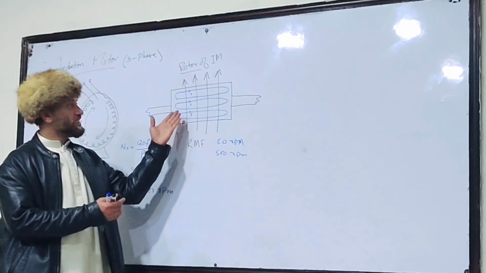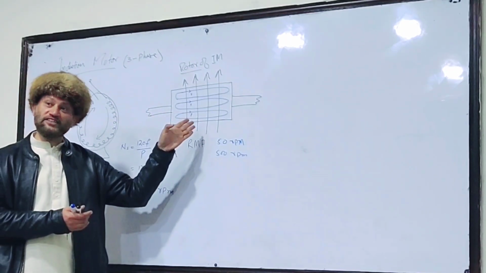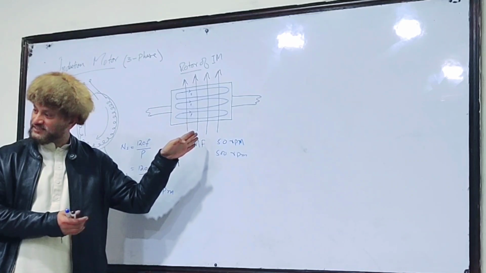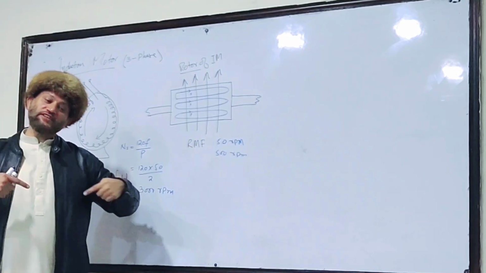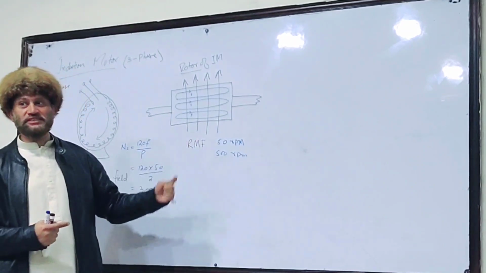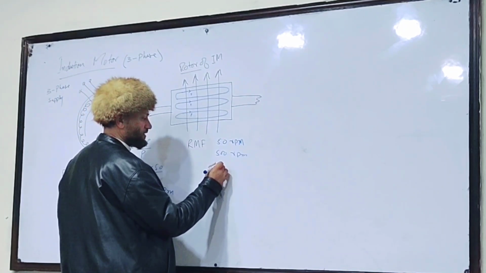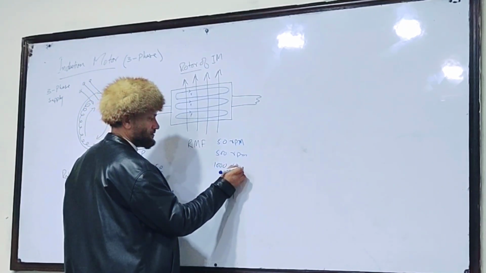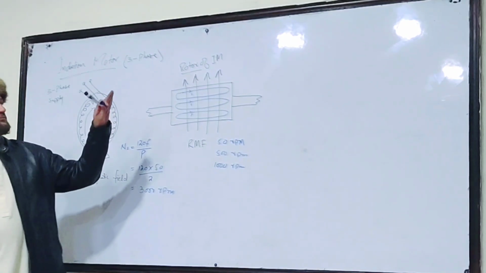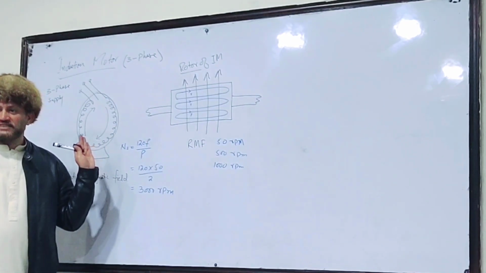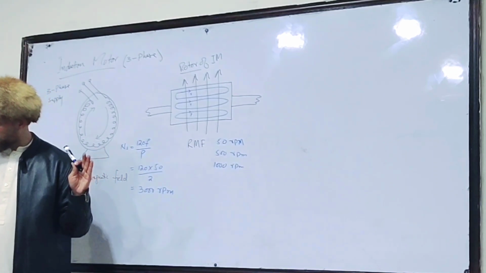Now, still we have a current through these bars, still we have a force on these conductors. Understand? And still it will be increasing in speed. For example, 1000. Now the bars are cut by the rotating magnetic field at 2000 revolutions per minute.